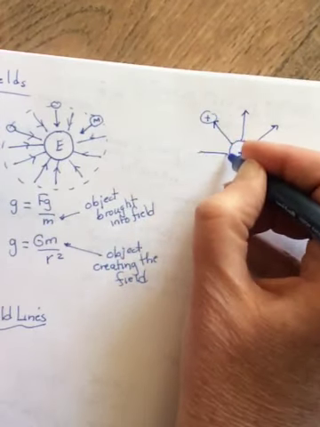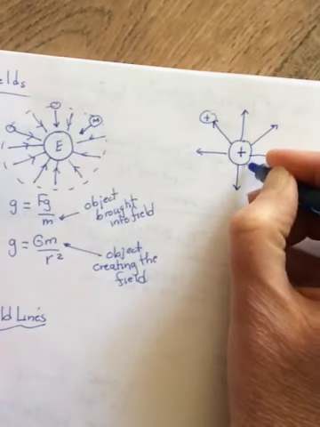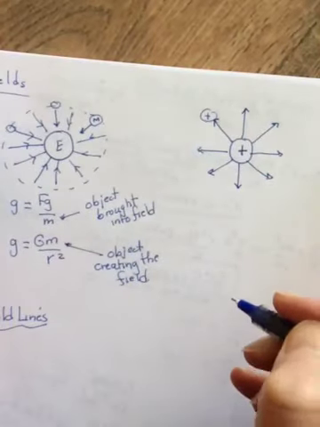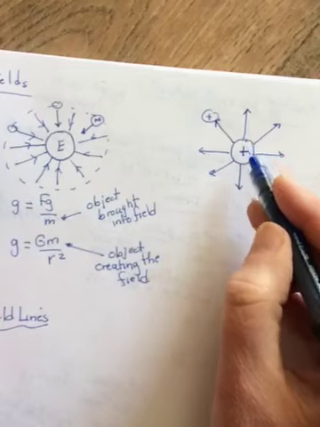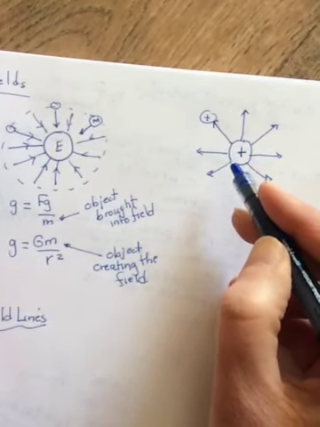No matter where I put the positive around this central guy, it's going to push the little positive away. So the field lines around a positive charge, the central charge, are always going outward.